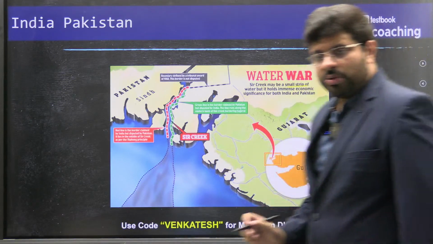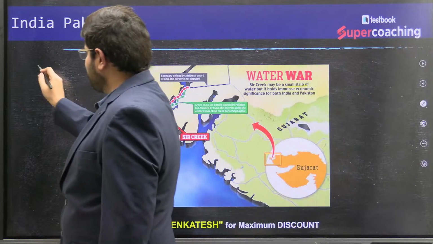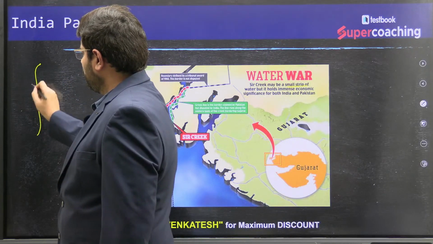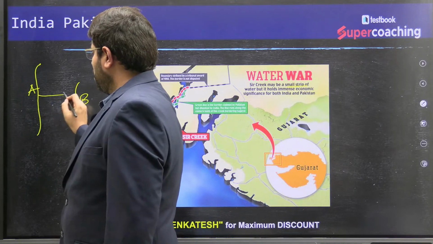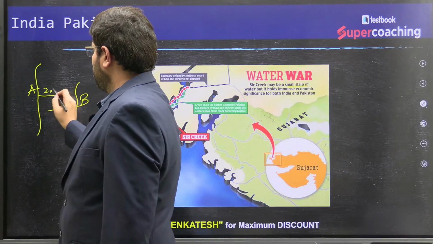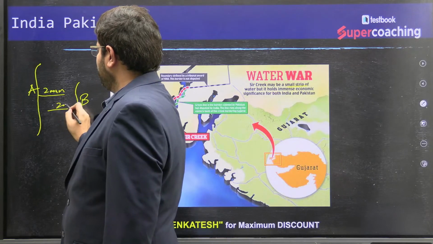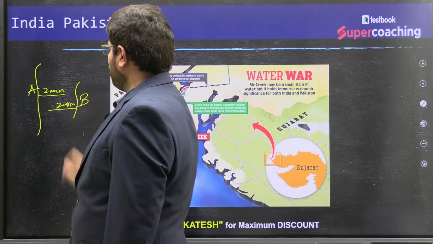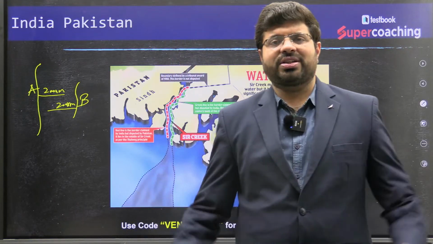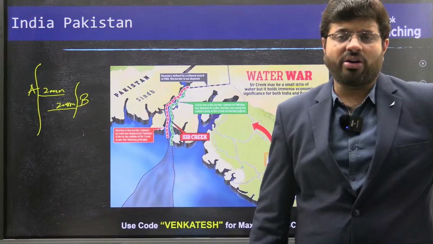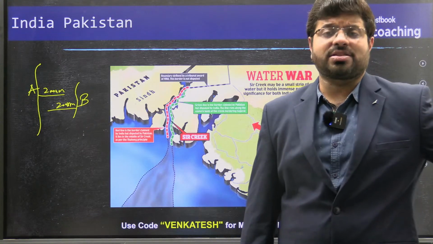So as I have told you, whenever you are having a boundary dispute, imagine this is country A, this is country B. Every region can claim up to 200 nautical miles from their boundary line, be it for their economic activity of fishing or the mineral exploration of oil and natural gas.